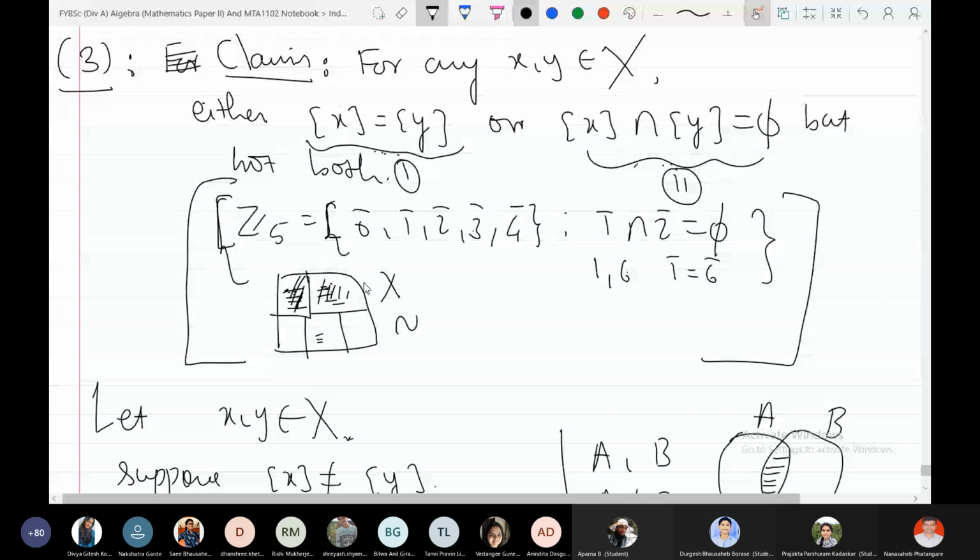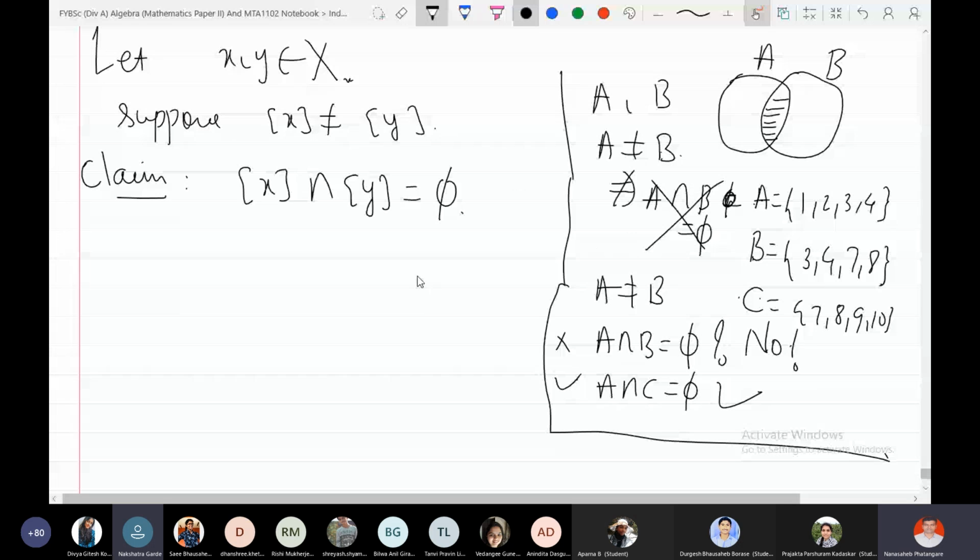Yes, sir. So I am saying that the classes are not equal, then what I must prove? They are disjoint. It is either equal or disjoint. If not equal, then must be disjoint. This is what you need to understand logically. So suppose two classes are not equal, then we want to prove that they are disjoint. This is our claim.